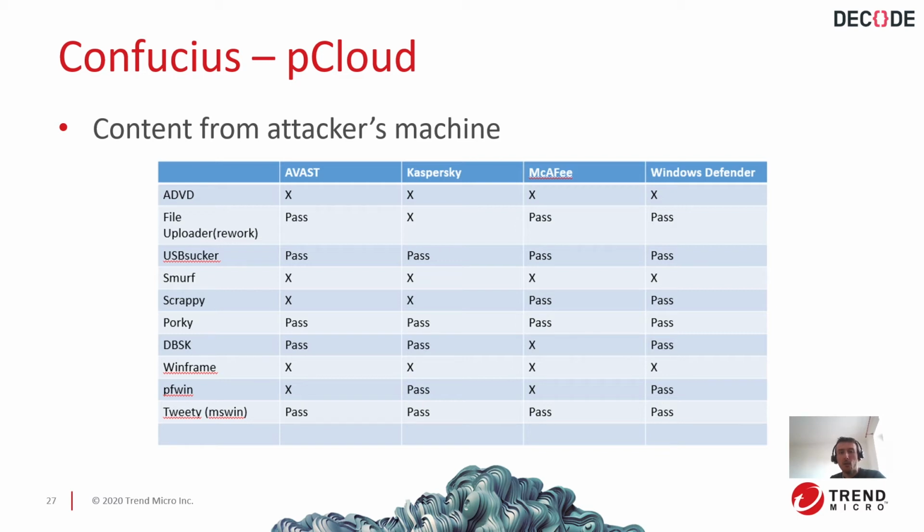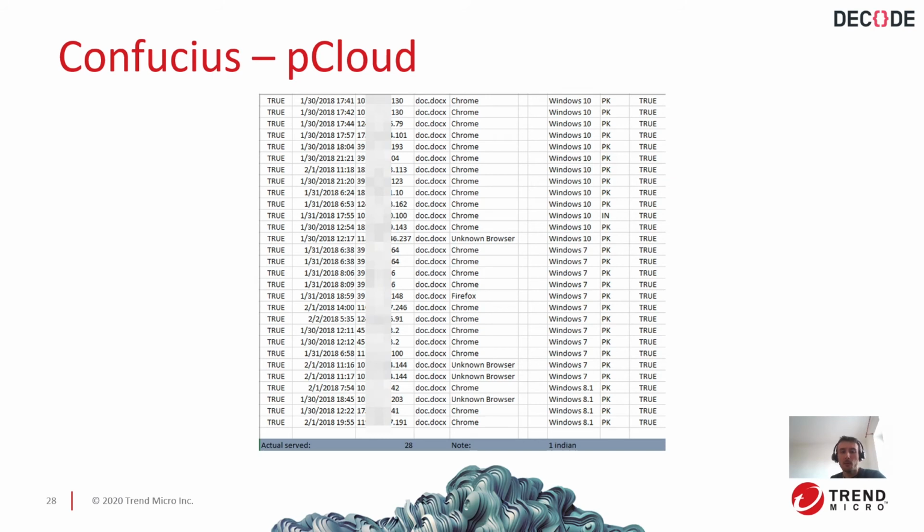And each column has the result when this malware was run on a machine with a given antivirus solution. So they were testing the antiviruses, and they were seeing which malware is detected and which is not. And also in one more document, there were cases of infected machines and their IP addresses.